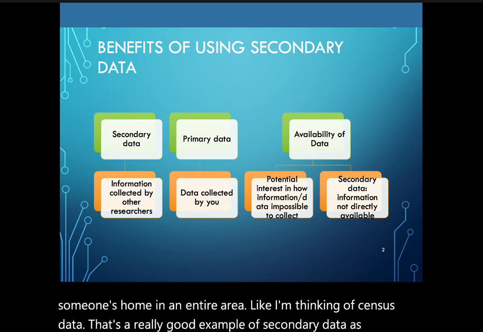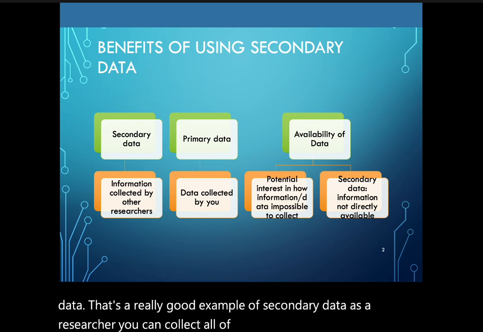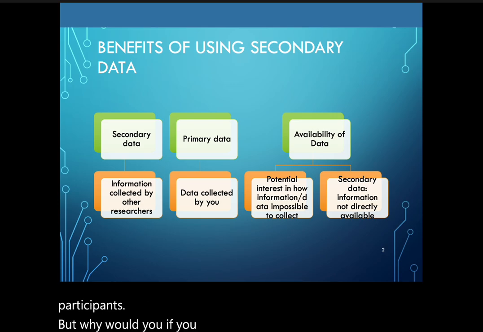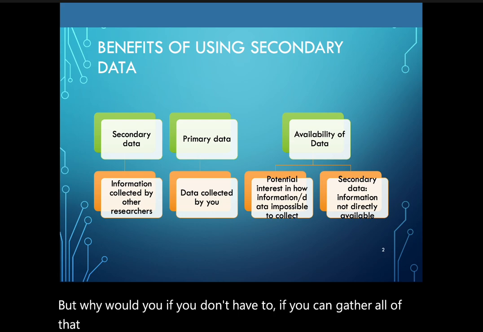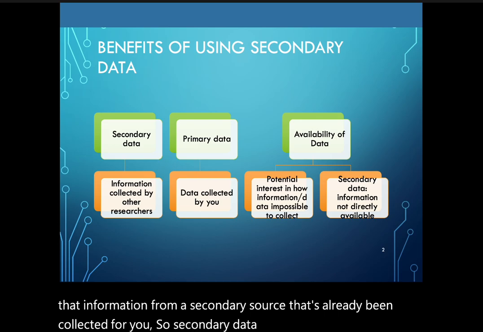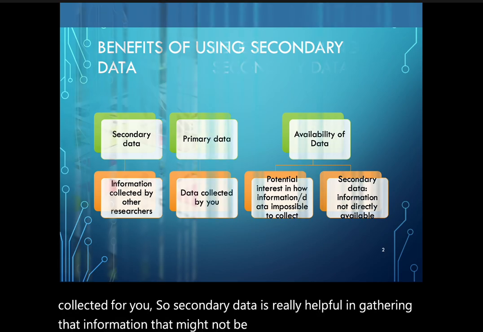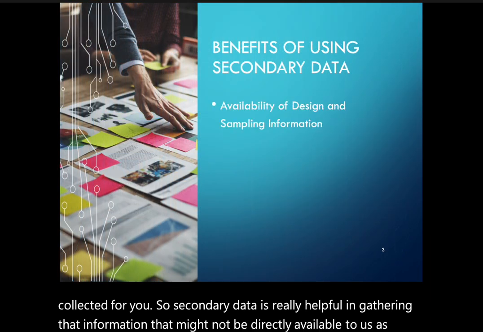As a researcher, you can collect all of that information from participants, but why would you if you don't have to? If you can gather all of that information from a secondary source that's already been collected for you. So, secondary data is really helpful in gathering that information that might not be directly available to us as researchers.